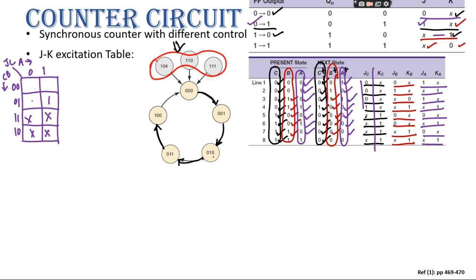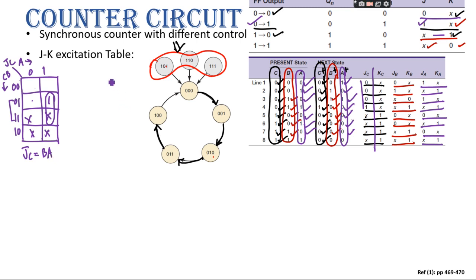So how can we combine them? We can take these two 1s, right? Yes, sir. So what should be my JC? JC should be AB. Here you can have B, and here you can have A, B, right?